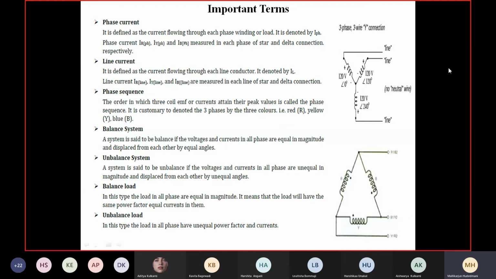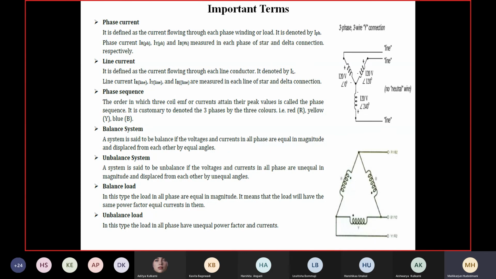When there is a common point, the voltage between any one line and that common point, when you touch with the instrument, you will be reading phase voltage. So phase voltage is the measure of voltage between any one line with respect to the common point. Line to line voltage is the line voltage between any two lines of the system. So there is another word missing here, line to neutral, which is called the phase voltage.